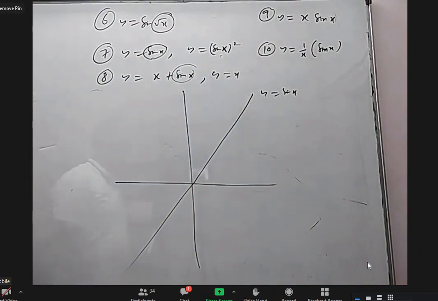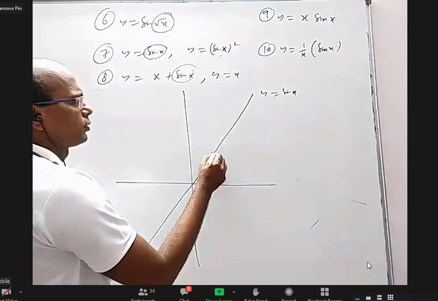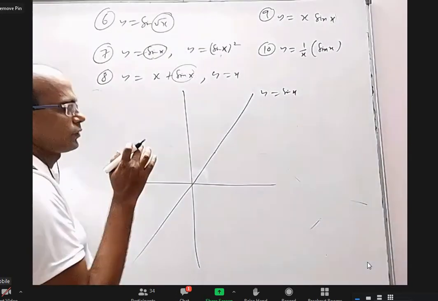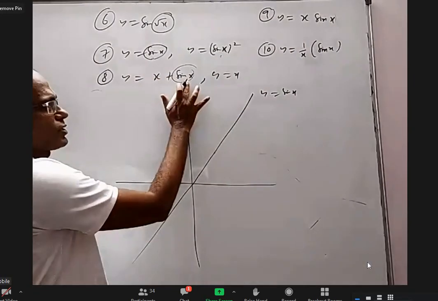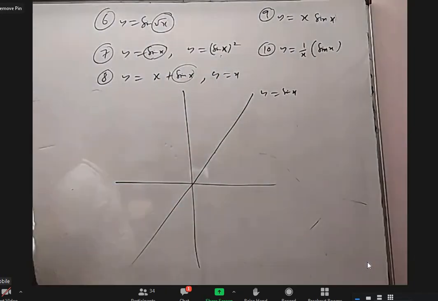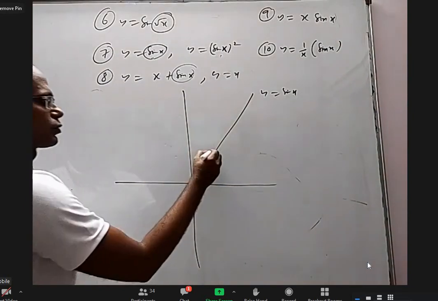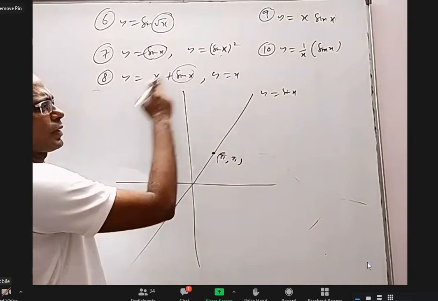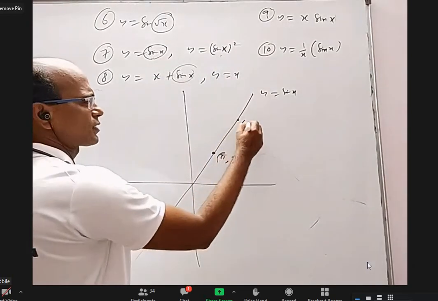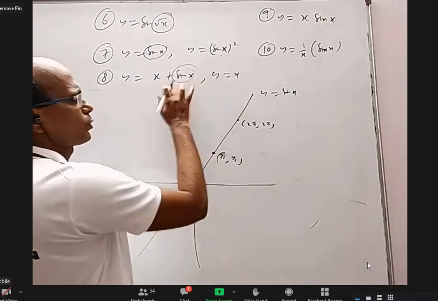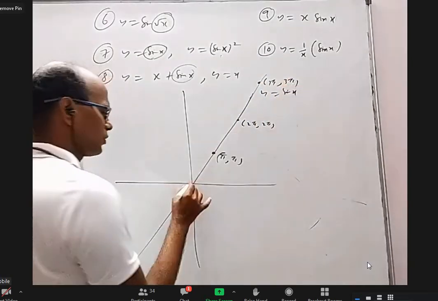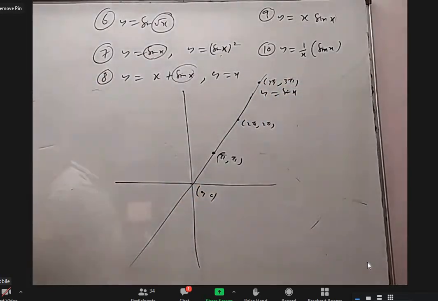So the point pi comma pi definitely satisfies. When x is pi, y is also pi in both places. When x is 2 pi, y is 2 pi. When x is 3 pi, y is 3 pi. When x is 0, y is 0.